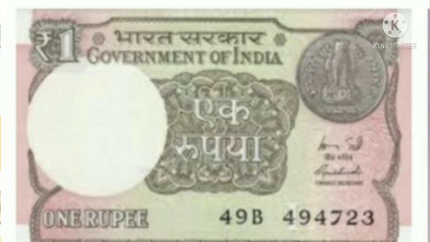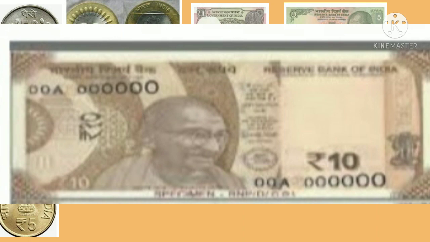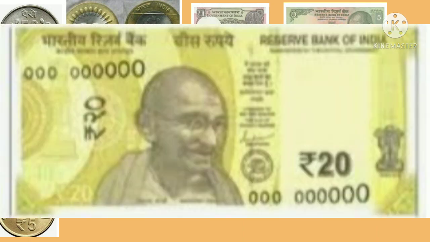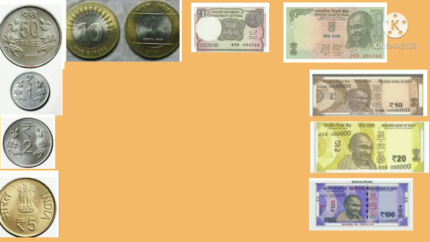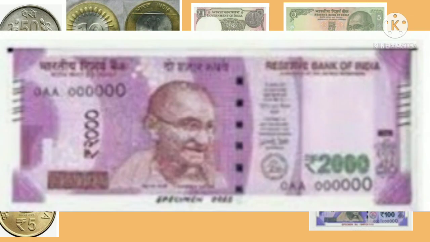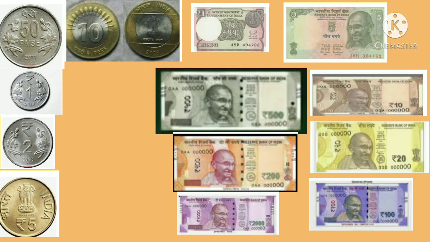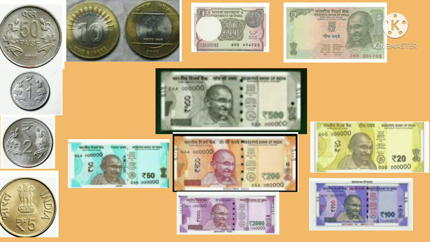See children, this is 1 rupee note and this is 5 rupee note, 10 rupees note, 20 rupees note, 100 rupees note, 500 rupees note, 200 rupees note and 2000 rupees note. Children, we have one more note, that is 50 rupees note. These are the notes and coins that we use in India.